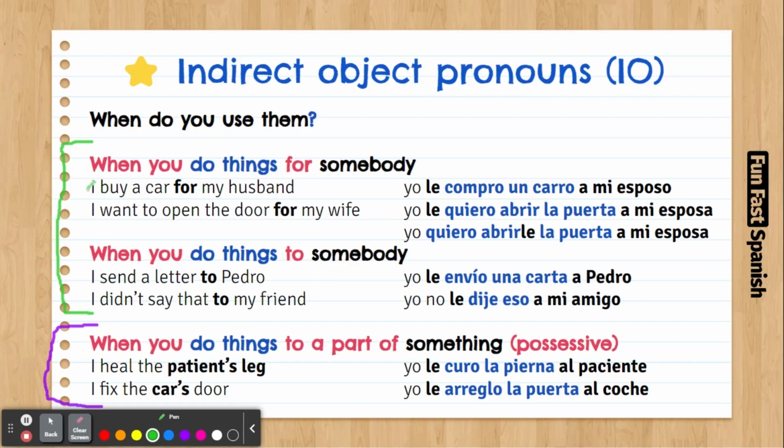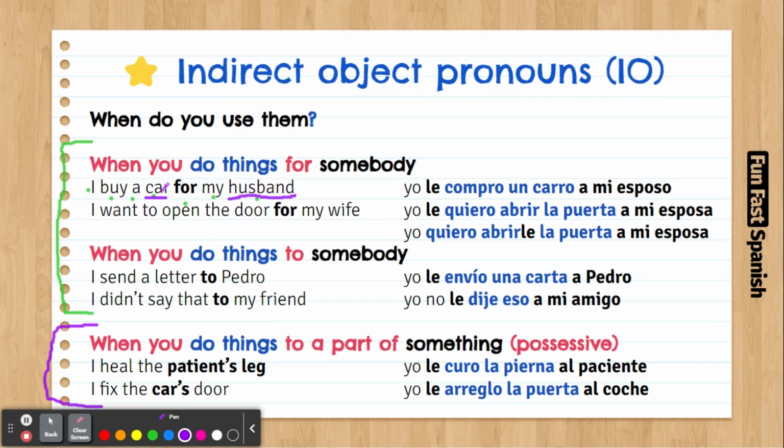So, I buy a car for my husband. You're buying a car, right? What is being bought? The car. But who's the person receiving this? The husband here, right?